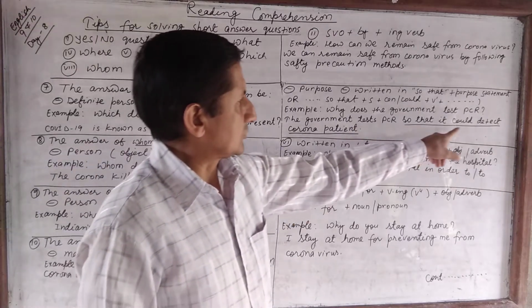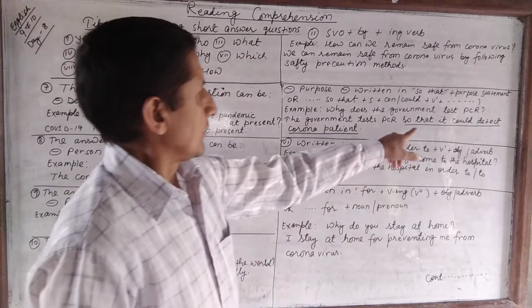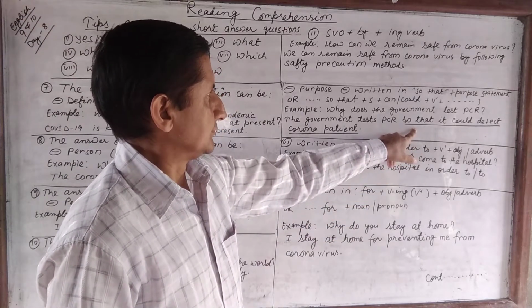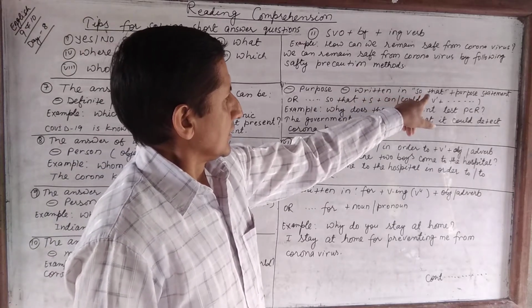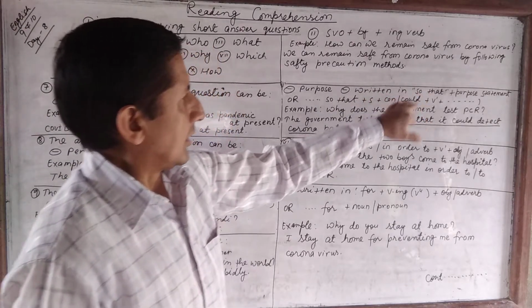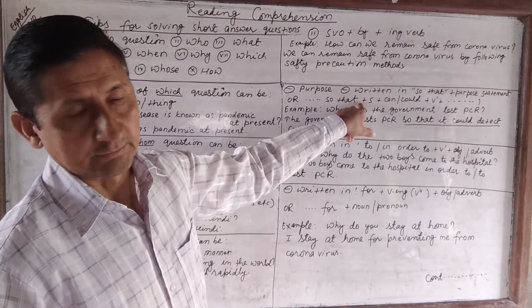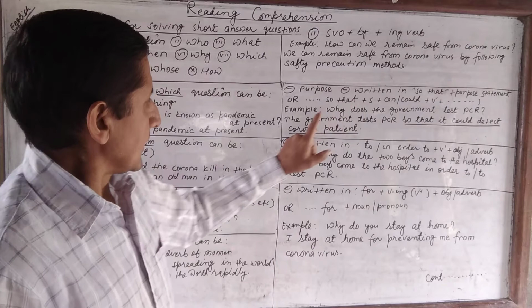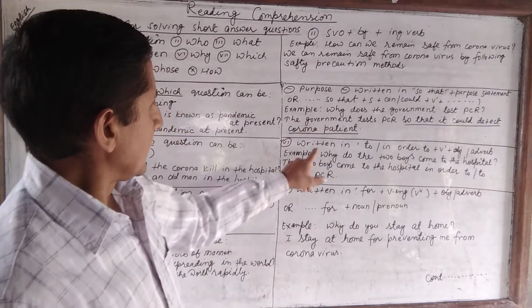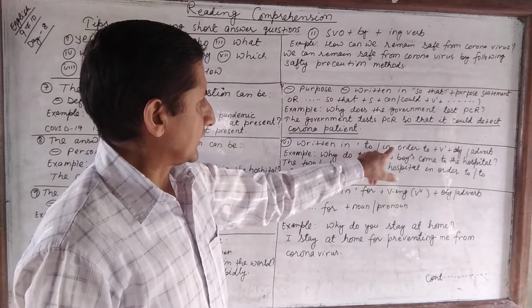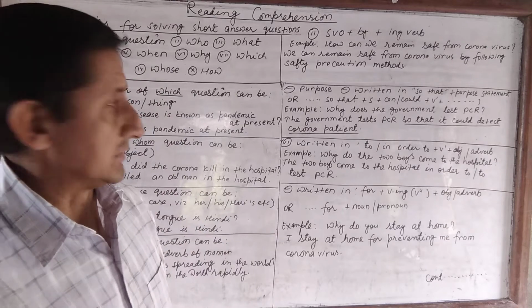This "so that it could detect corona patients" is the purpose statement. We can write the purpose in this way, or we can write purpose using another structure. The next way of writing purpose is to or in order to plus V1 plus other words.